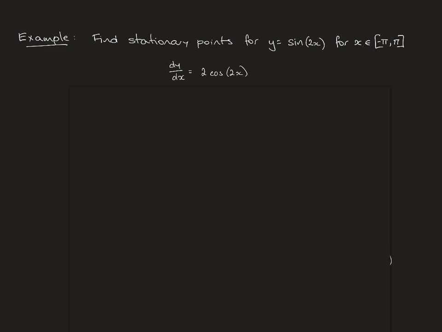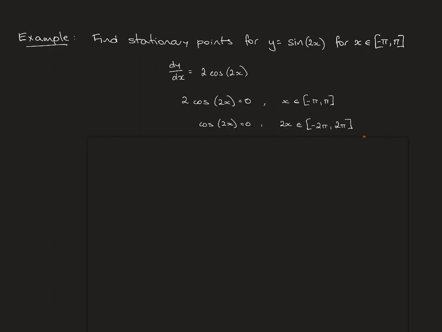Then we let the derivative be equal to 0, and now we need to go back to our work from chapter 6 and solve this trig function for x, which means rearranging so that it becomes equal to 0, and then readjusting our domain so that it reflects what's actually in these brackets.